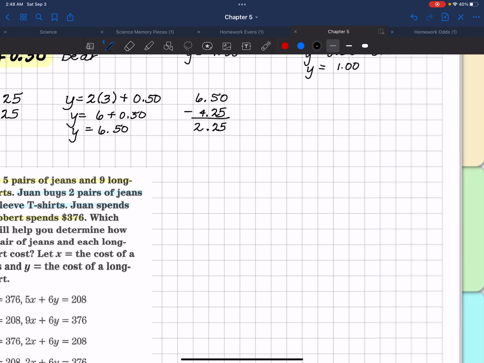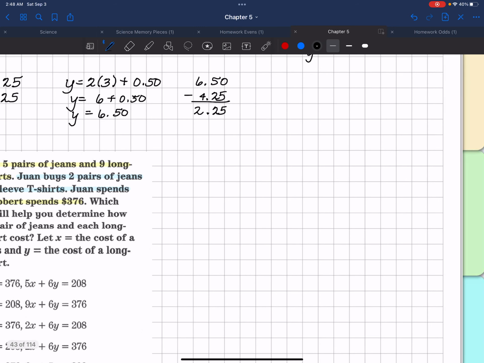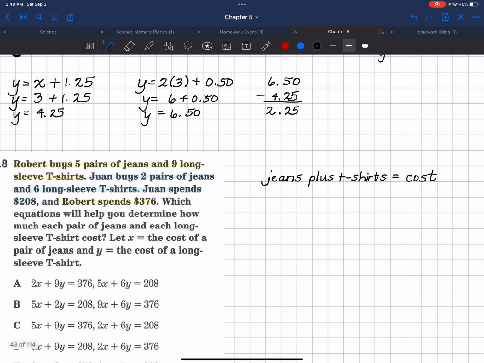So if you set this up just in words first, would you agree with me that the jeans plus the t-shirts will equal the cost? Okay.